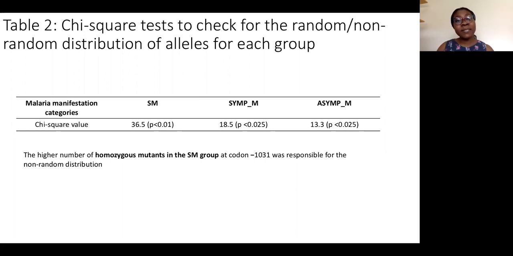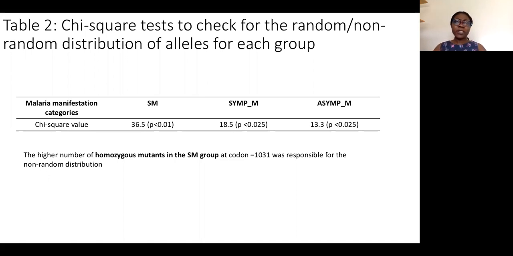When I mean segregating sites now here, I mean the sites that had difference in terms of nucleotide position in these 3 groups. And what we found here is that the higher number of homozygous mutants that we saw, especially in the severe malaria group at codon 1031, was actually a non-random distribution.